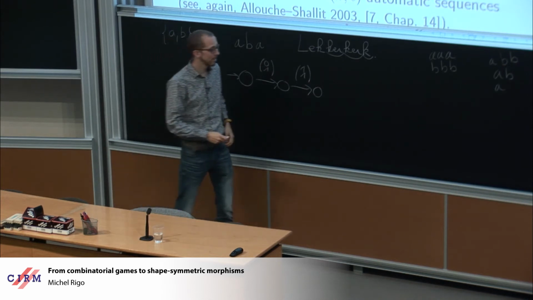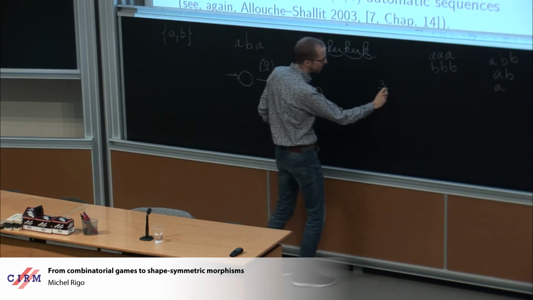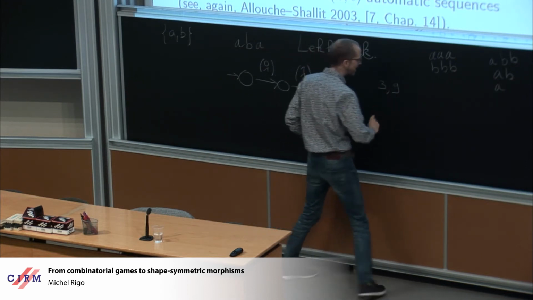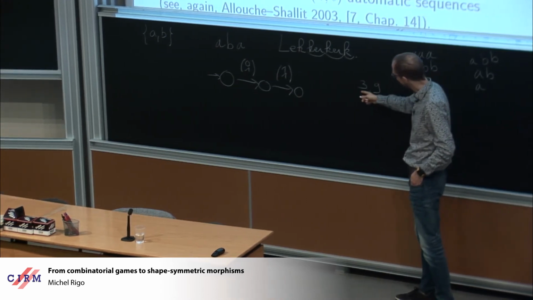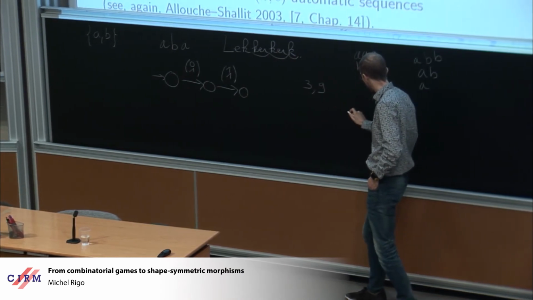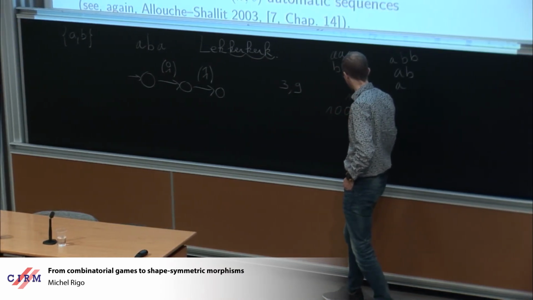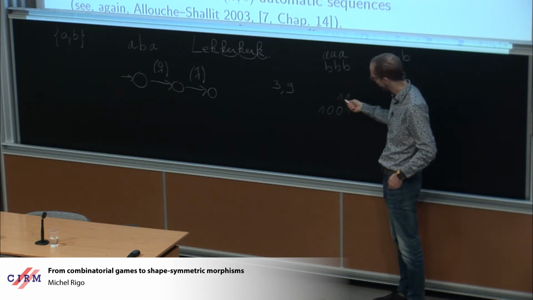So usually, if you want to know what is going on in position 3, 9, and you work with base 2 expansion, then 3 is written like 1, 1, and 9 is written 1, 0, 0, 1, and then you have two words that do not have the same length.